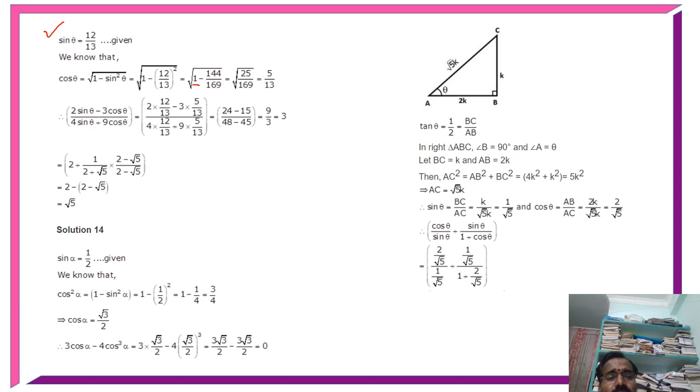If you take LCM, students, here 169 is the LCM. So root over (169 minus 144) by 169. As we know, 169 minus 144 is 25. So root 25 by 169, after simplification, root 25 is 5, root 169 is 13.